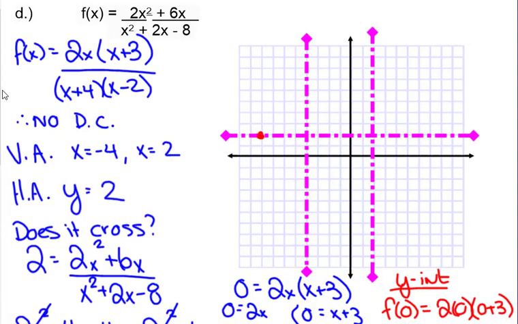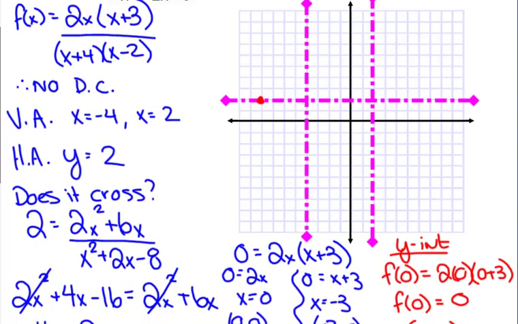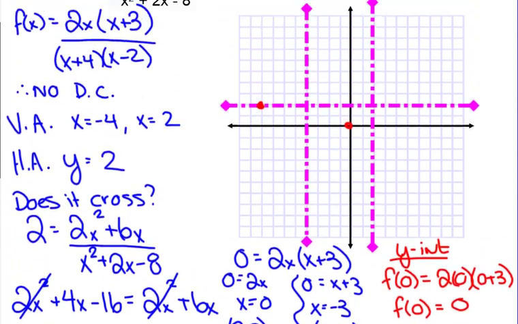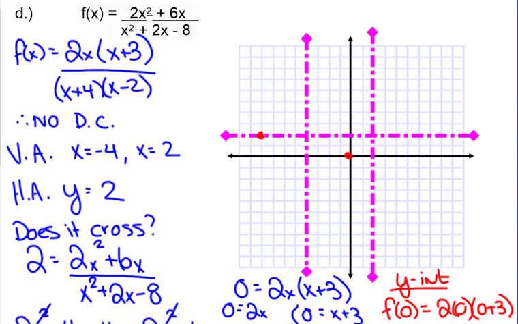So we cross our asymptote. We've got (0, 0) as a point. We've got (-3, 0). And that was all the points we found.